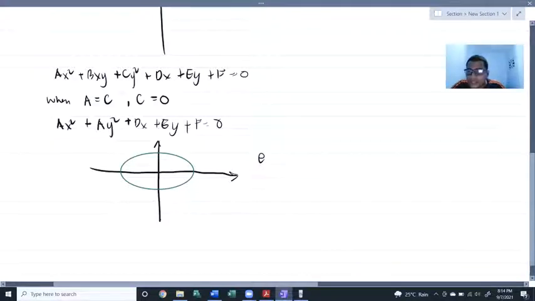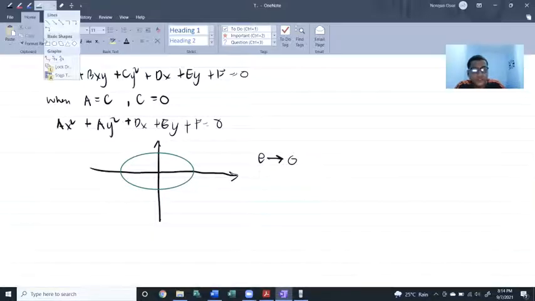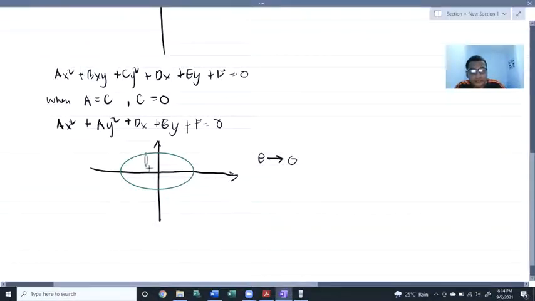But as the eccentricity of the ellipse approaches zero, what happens to the ellipse? The ellipse becomes a circle. So that is the degenerate case of an ellipse. And also, a circle has also a degenerate case, which is a point.